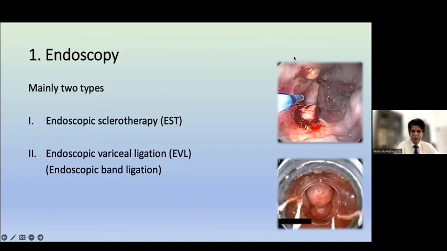The top one here we show in a small child where you can't band, because the banding apparatus can sometimes be larger. In that situation, you do endoscopic sclerotherapy. We don't do this much at large, we do it sometimes in small children. Endoscopic variceal banding is something that we regularly do for children.